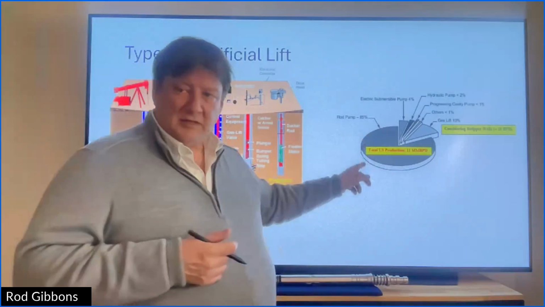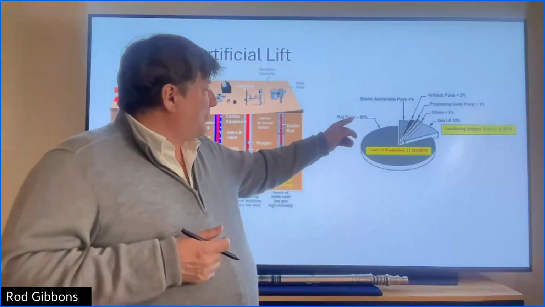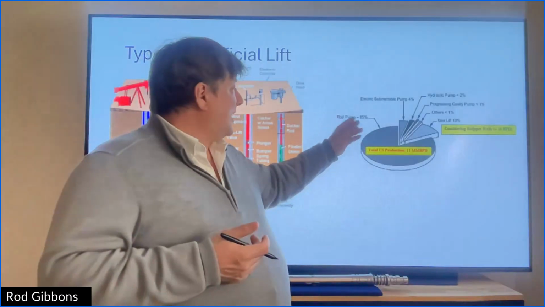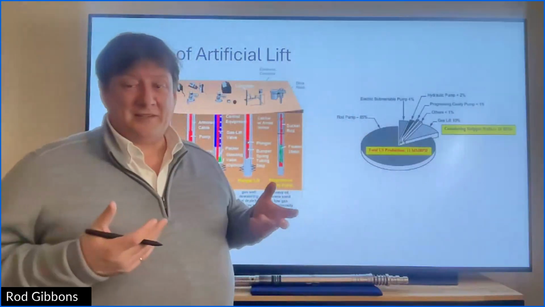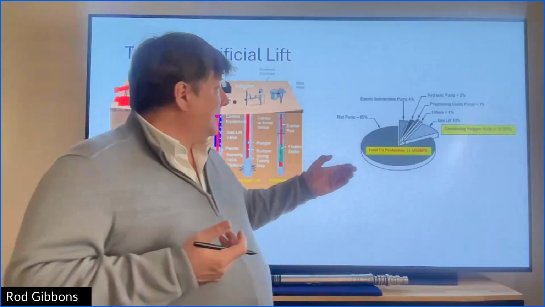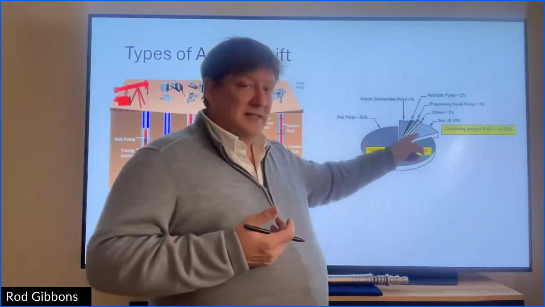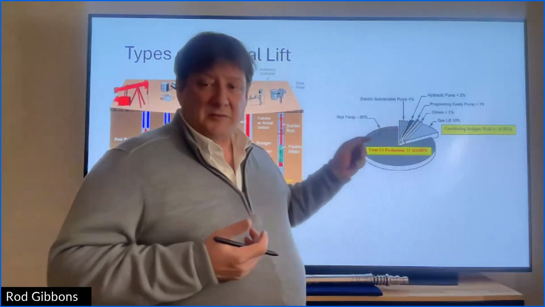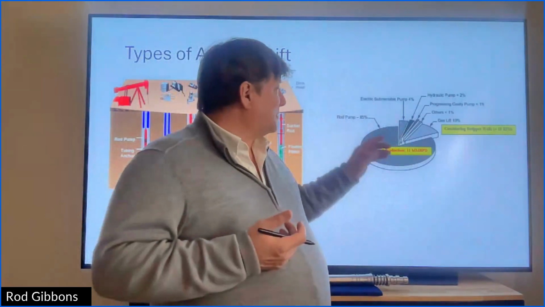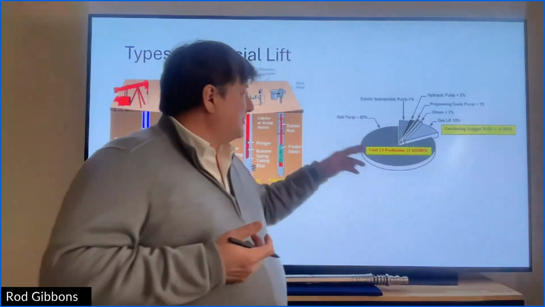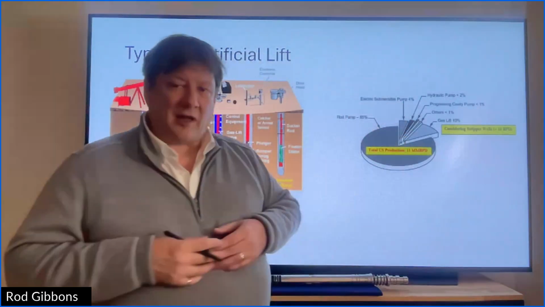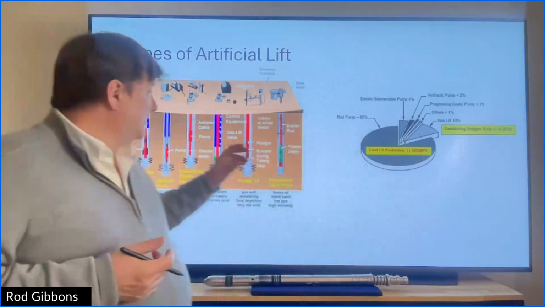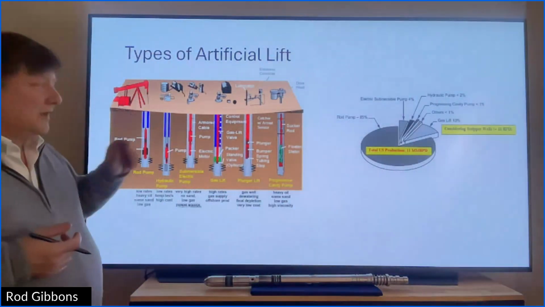One of the questions that we had was, what's the most common types of artificial lift? So this pie chart here, for the US: rod pumps are 85% of the types of artificial lift, followed by gas lift at 10%, then ESPs, electric submersible pumps, at 4%, and then the other types 5-6%. So dominantly rod pumps.